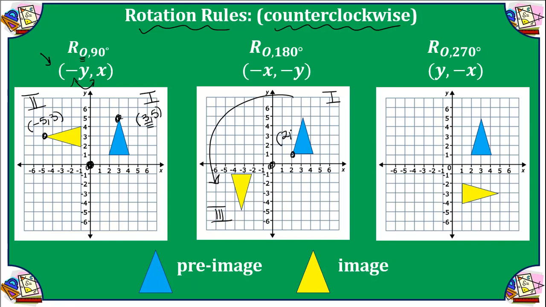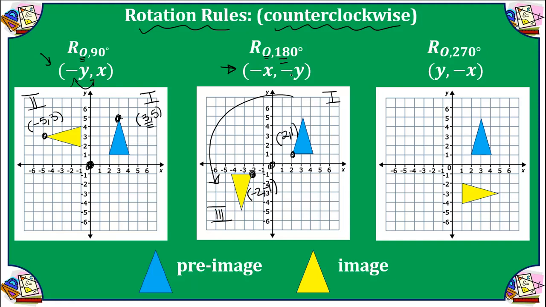This point is 2, 1, and then we end up at -2, -1. So the rule for rotating 180 degrees about the origin, the coordinates do not swap positions, they just change to the opposite value. So here is the rule for rotating about the origin 180 degrees. Both the x and y coordinates change to the opposite.